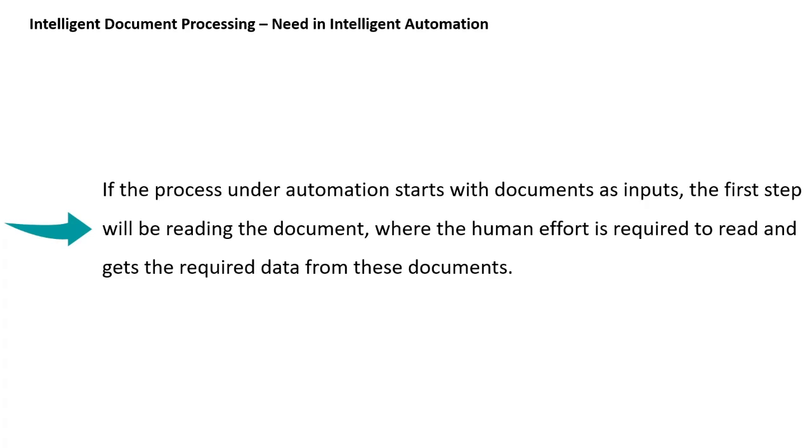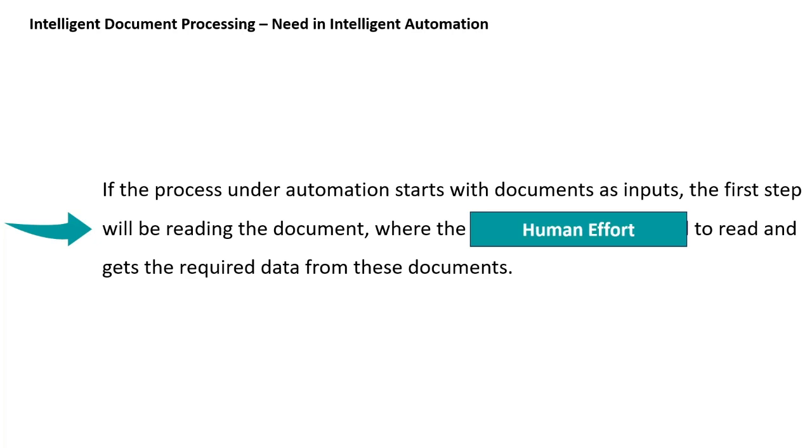If the process under automation starts with documents as input, the first step will be to read these documents, and for that human effort will be required to read and get the required data from them. See, how does software work? A software does some processing on some inputs to provide required outputs.